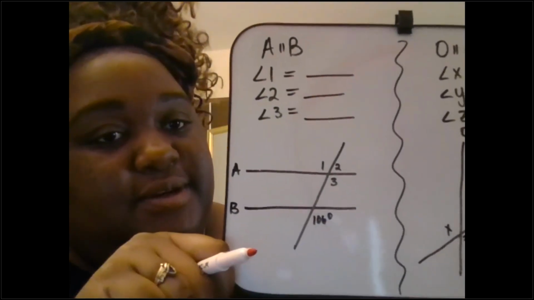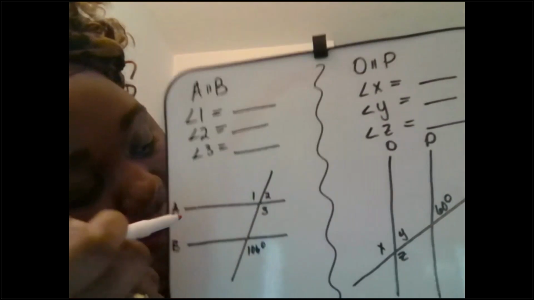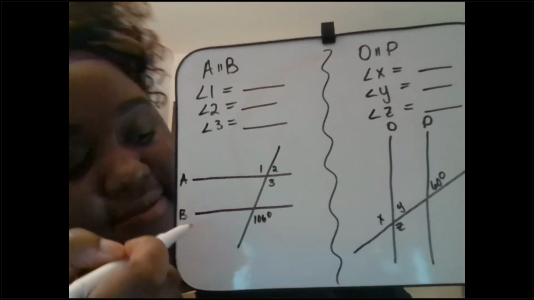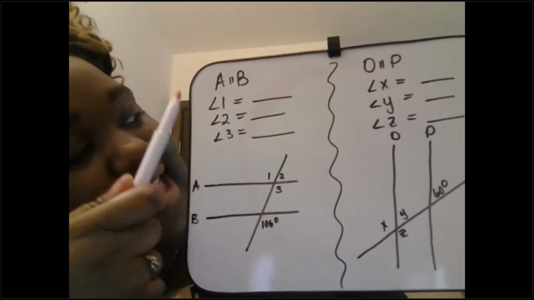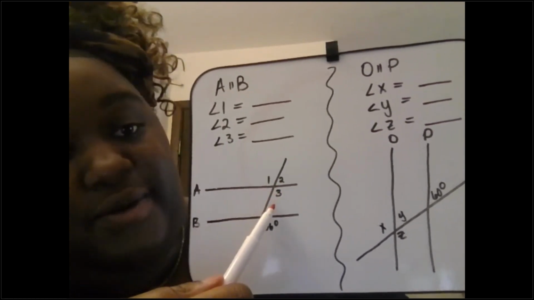Looking at the first one, what this is saying is that line A, which is here, is parallel to line B, which is here. And those two lines are going across. Knowing that, they want to know what angle 1, angle 2, and angle 3 are.